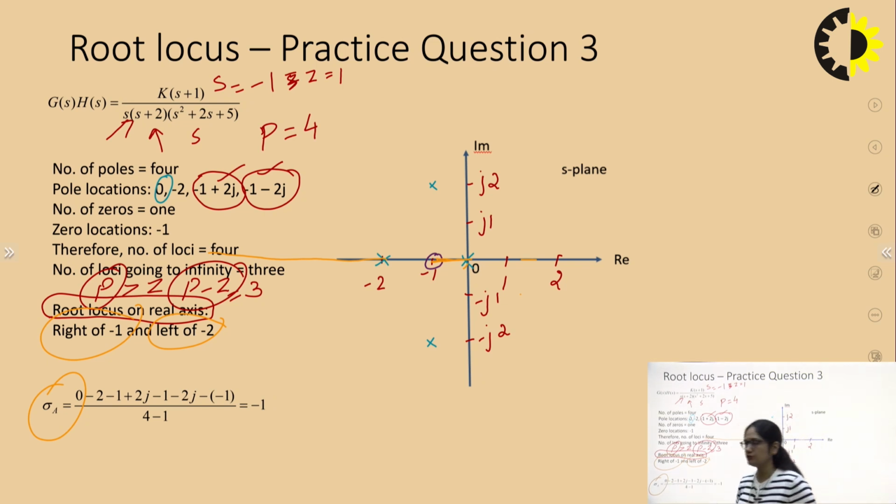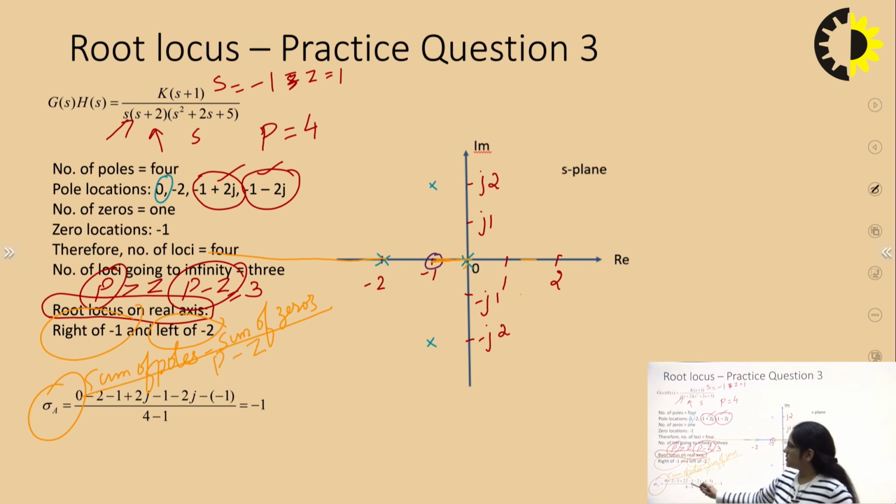The formula to find the centroid is sum of poles minus sum of zeros, divided by p minus z. So, the sum of poles is 0 and the value of the pole is minus 2.